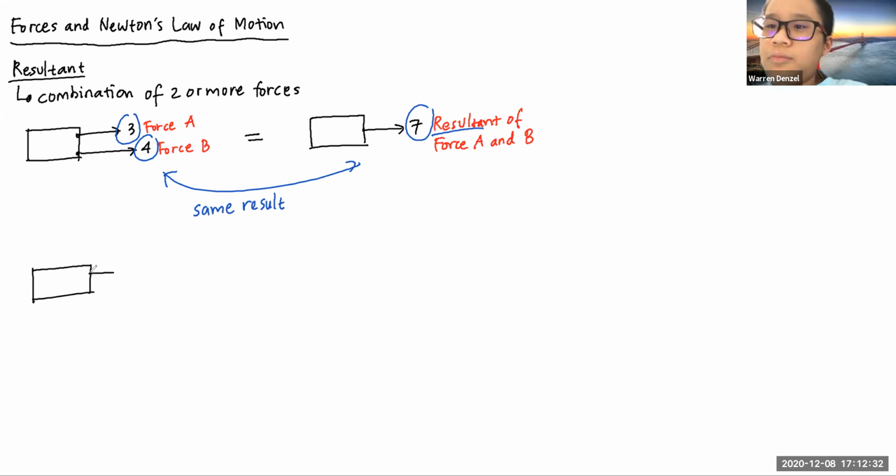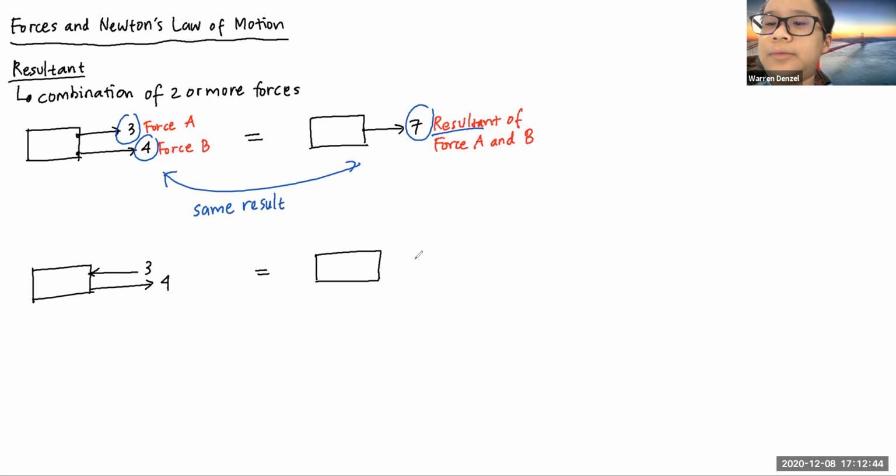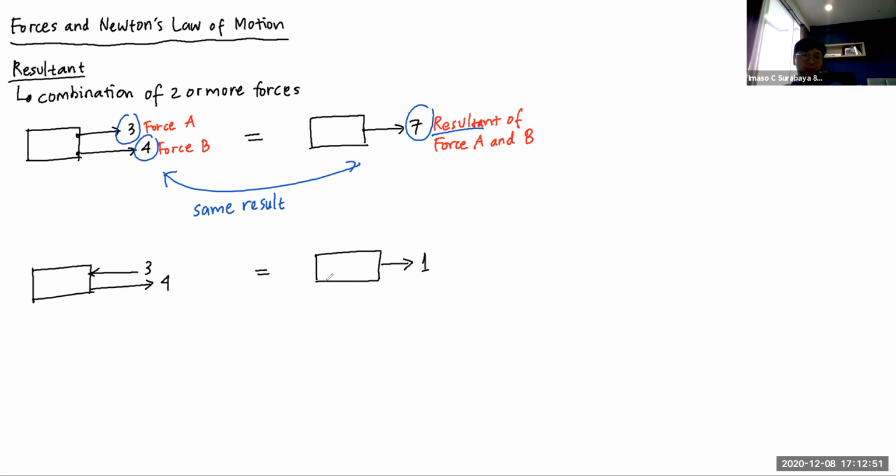Now, still a box, but this time someone pushes it 3, and then pulls it 4. What is the resultant? 1 to the right. Maybe this one is a little bit harder.